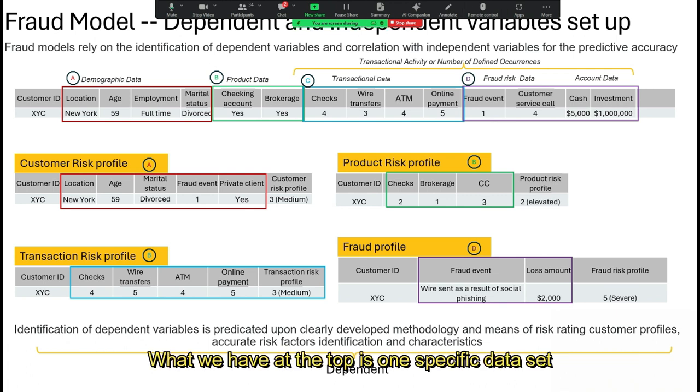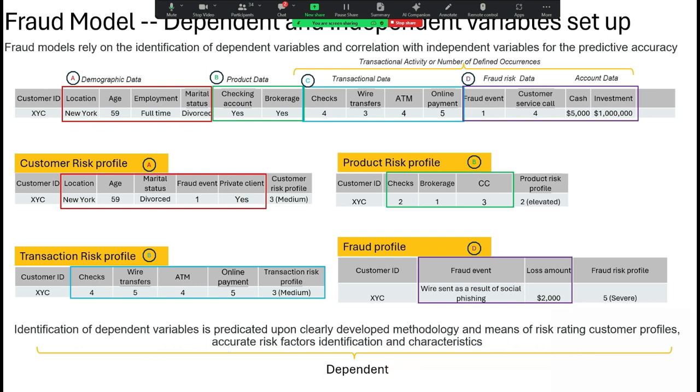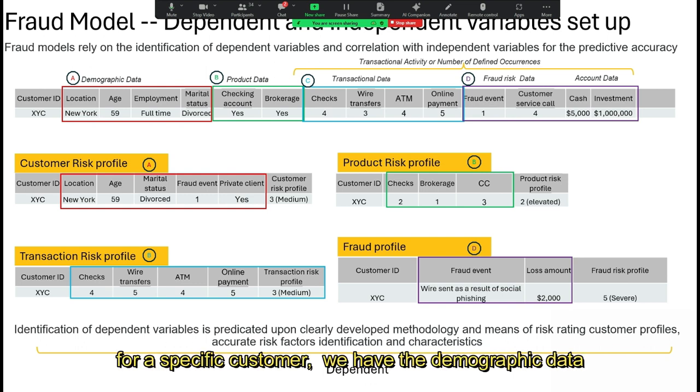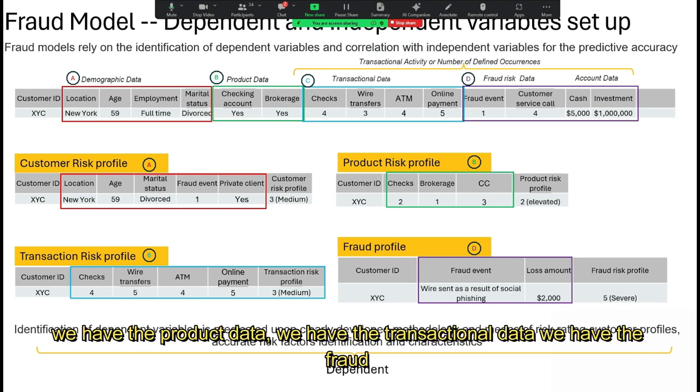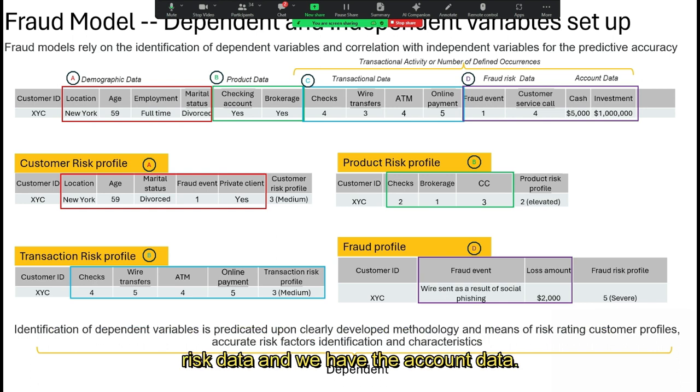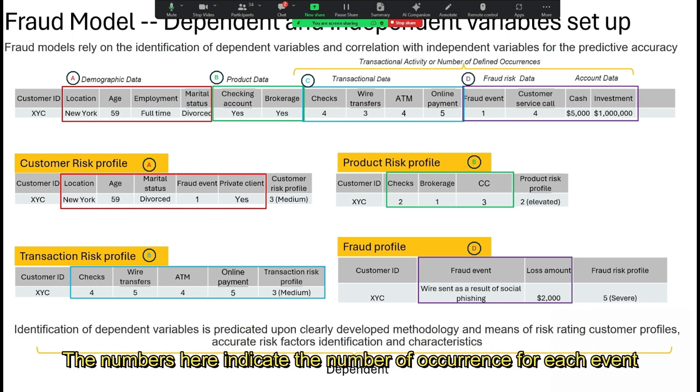What we have at the top is one specific data set for a specific customer, right? We have the demographic data, we have the product data, we have the transactional data, we have the fraud risk data, and we have the account data. The numbers here indicate the number of occurrences for each event.